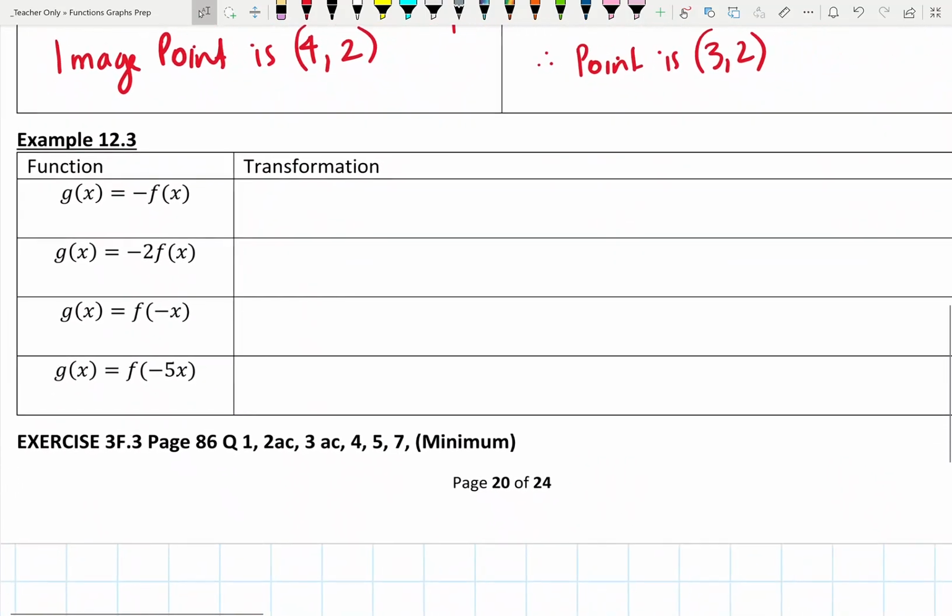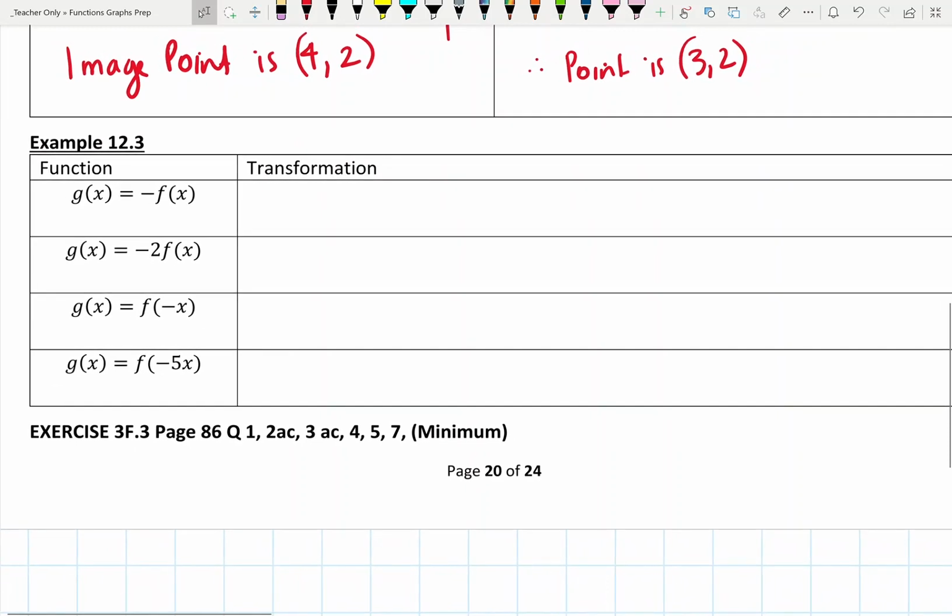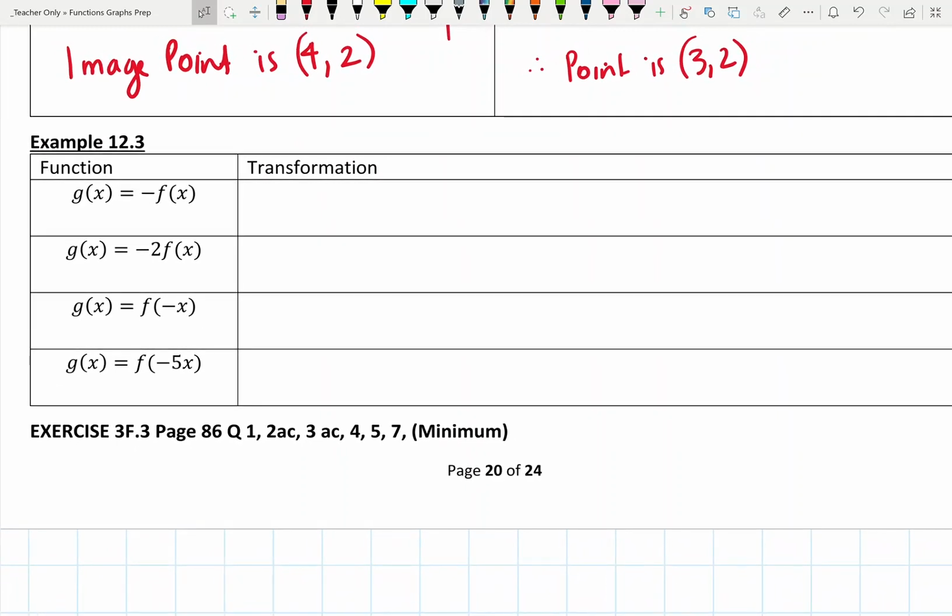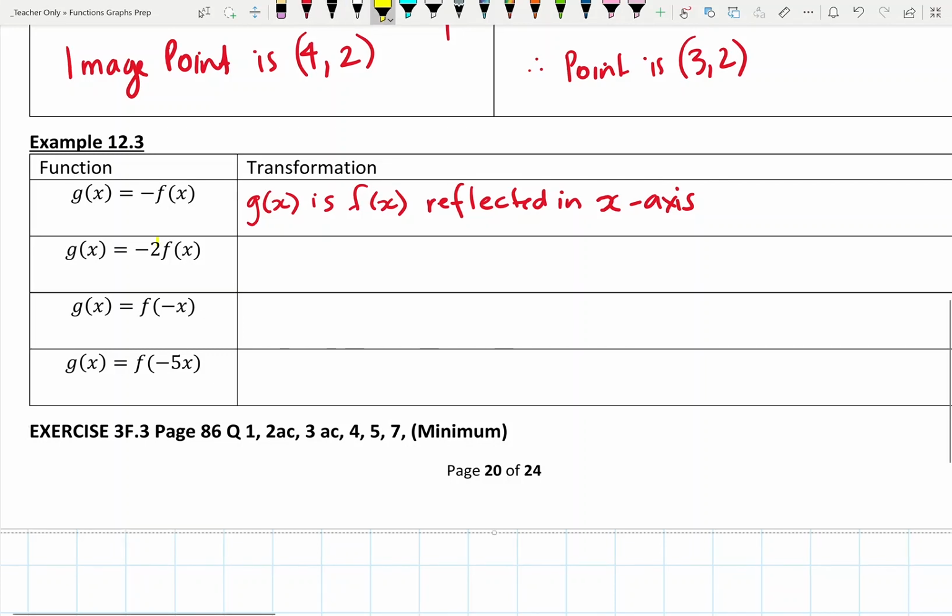The other thing that we can do with these types of functions is describing the transformation. So if we're told that g of x is equal to negative f of x, the transformation is g of x is f of x reflected in the x-axis, and that's all you need to write. On this next one, we've got -2x, so we've got two things happening.